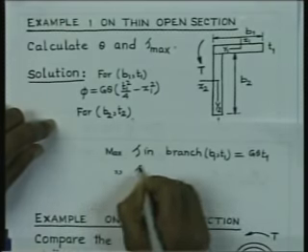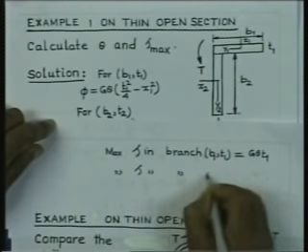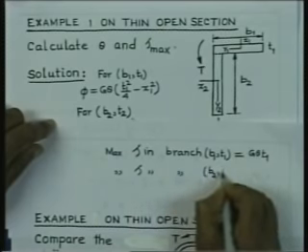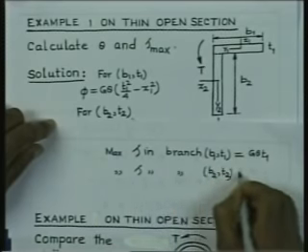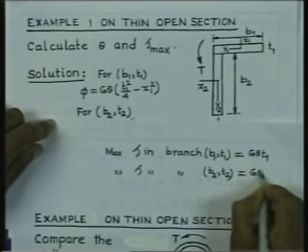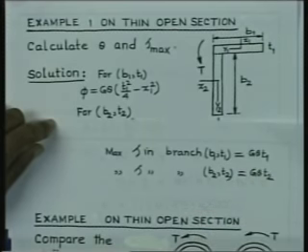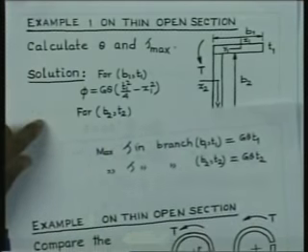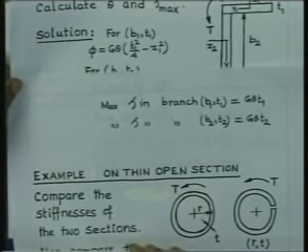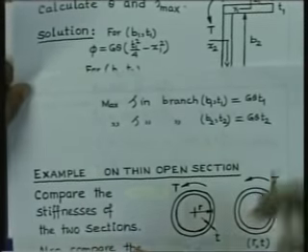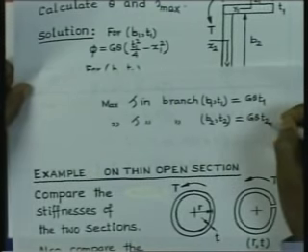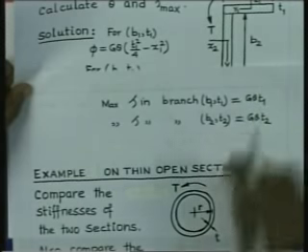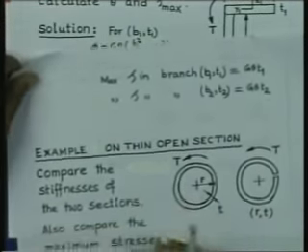Similarly, maximum tau in branch B2 T2 is given by g theta into T2. So, we have got both the angle of twist per unit length and also the value of stresses in both the segments, and obviously, if T2 is larger than T1, you are going to have larger stresses in branch number 2. Let us consider another example.